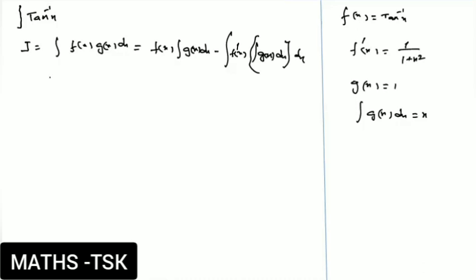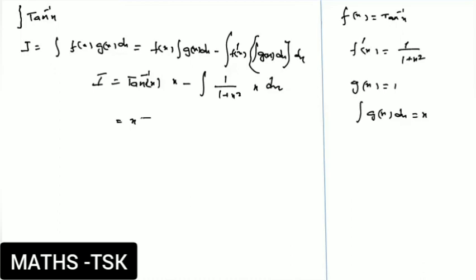So if you take this as I as tan inverse of x into 1. So I can be written as f of x, that is tan inverse of x, and then g of x as x minus integration of 1 by 1 plus x square into x into dx.